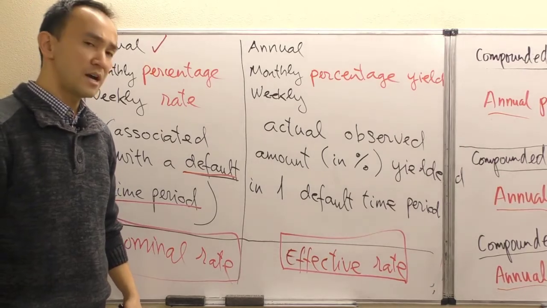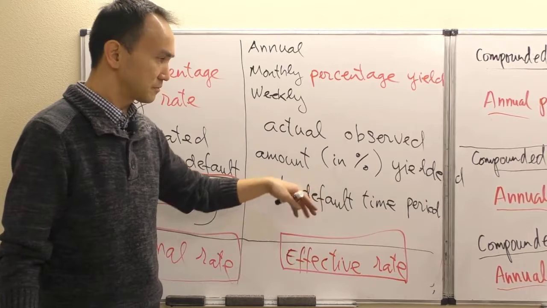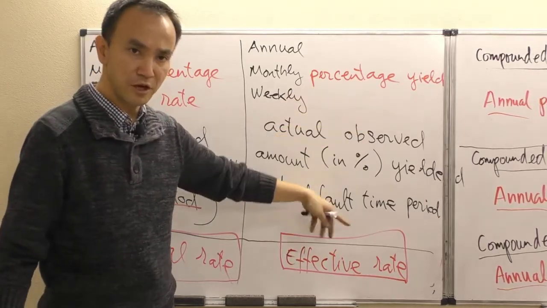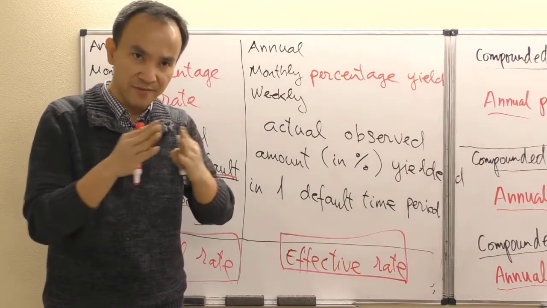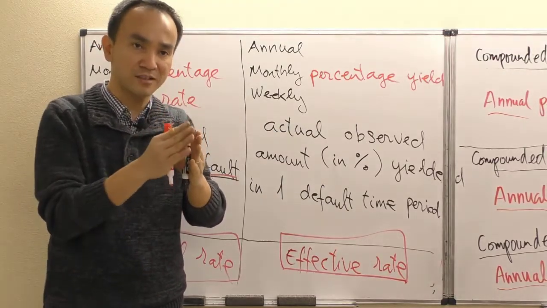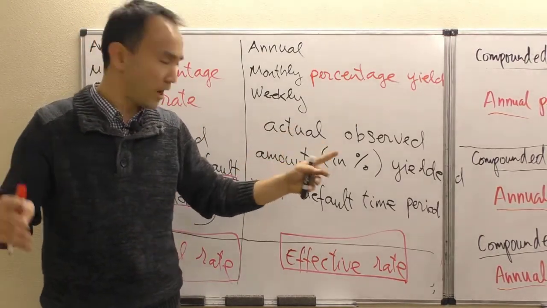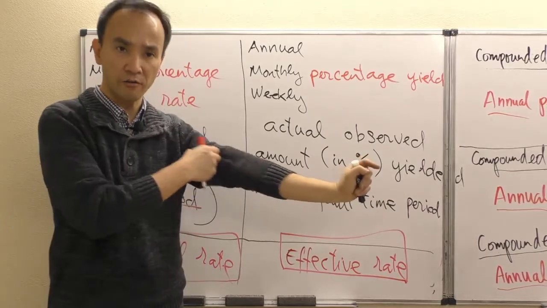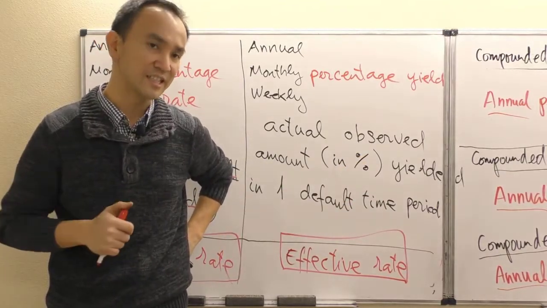Okay, but now, technically speaking, you will start seeing an effective rate as soon as you change the number of compounding periods to more than once in one default time period. That's generally the idea.